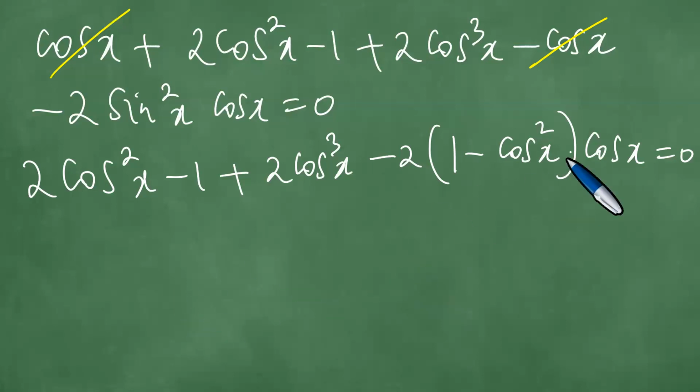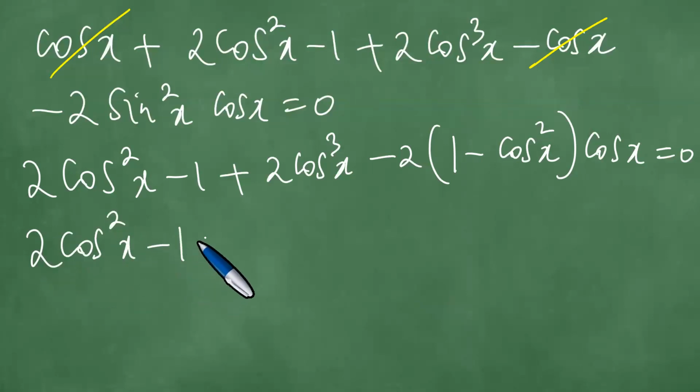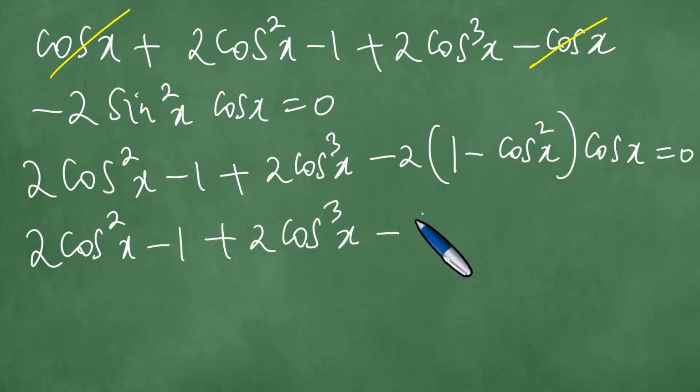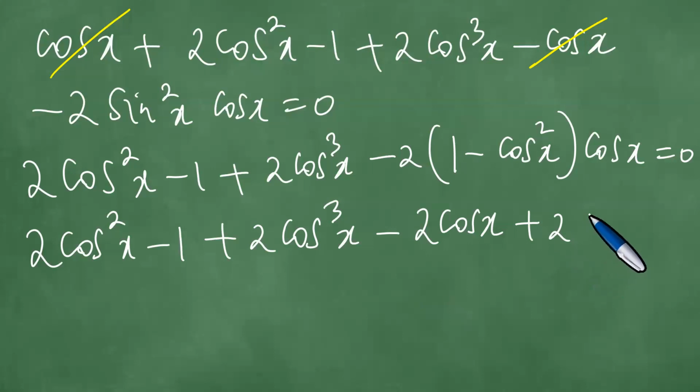Okay, we distribute here, applying the distributive law, and we obtain 2 cosine squared x minus 1 plus 2 cosine cubed x minus 2 cosine x plus 2 cosine cubed x equals 0.